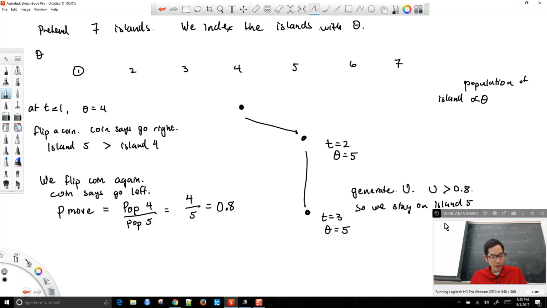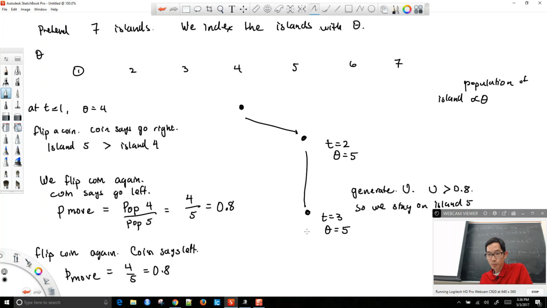All right, and then we just try this again. So we flip the coin again, and we'll say the coin says left. And so now the probability of moving again is going to be 4 over 5, 0.8, and this time we move. And so at time t equals 4, we are now at theta equals 4.